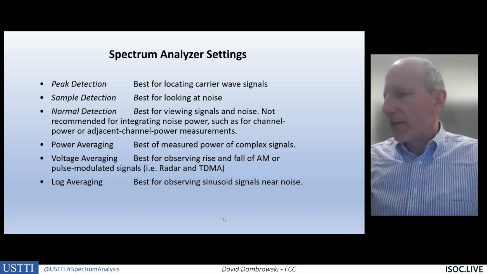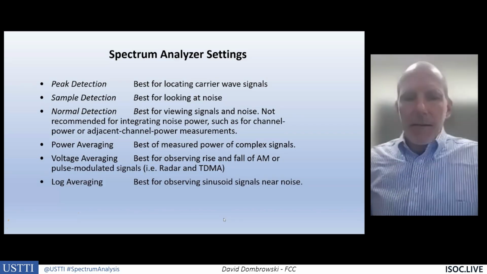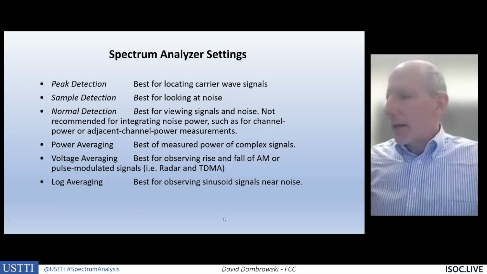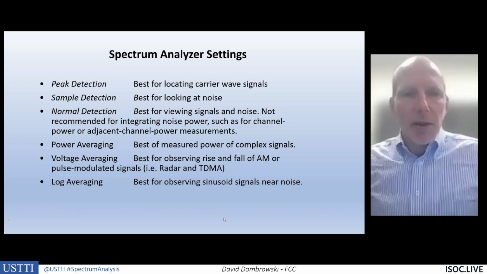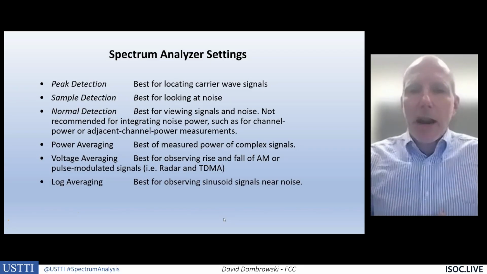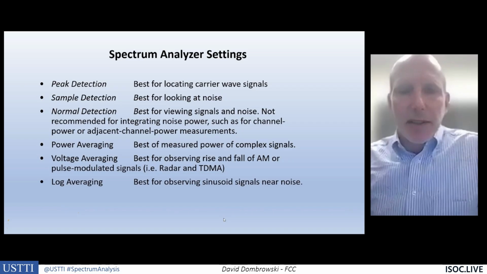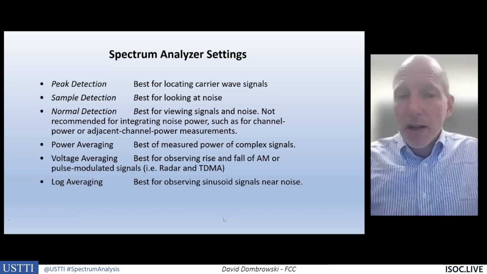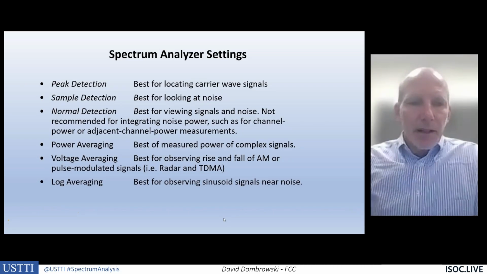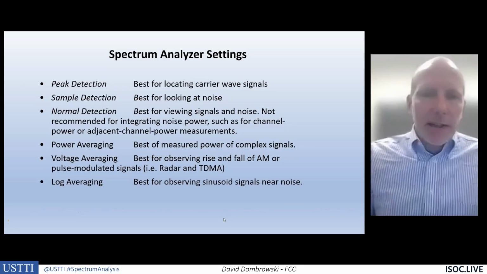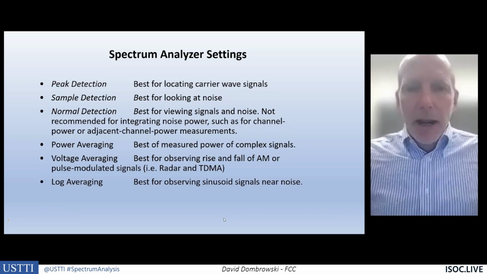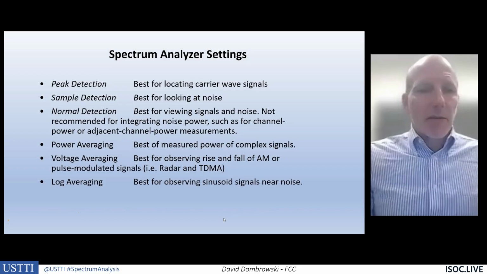You go to trace and you can change the detector settings. In mine, I set it to auto, which always defaults to peak detection, which is best for locating carrier wave signals. Sample detection is best when you're doing noise measurements. So there are different detector modes on there. I'm not an expert on it, but I just wanted to say they're present there.